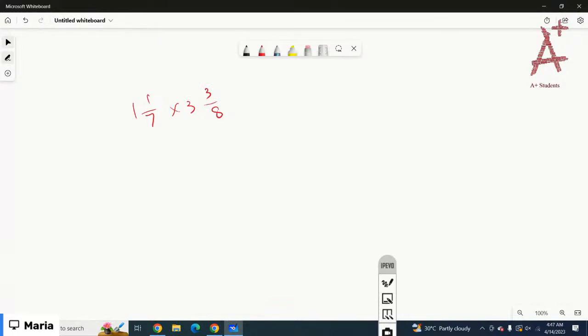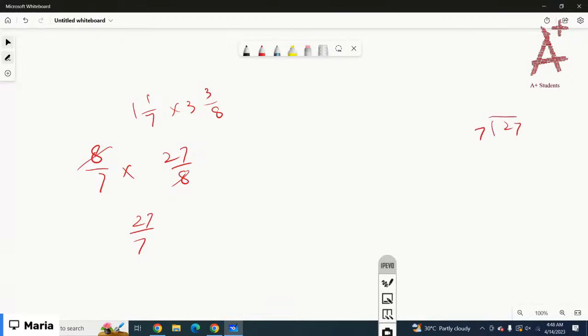So let's convert them: 7 times 1 is 7 and 1, 8 over 7. 8 times 3 is 24 and plus 3, 27 over 8. Got it? The 8s can cancel out. So you're left with 27 over 7. Just divide 27 by 7.